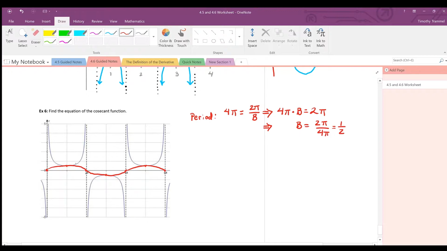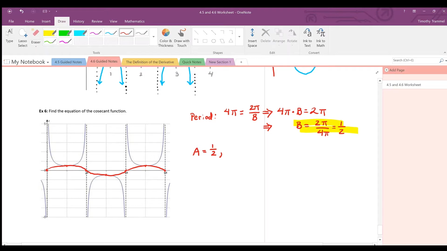Let's see if we can figure out what a is. But I want to highlight, we've figured out one of these. So next on our list, let's look at the amplitude. What do we think a is? Well, we can't tell for sure from this picture, but it looks like it's maybe about a half. Right, it looks like the distance from the center of the wave to the top is about a half a unit.